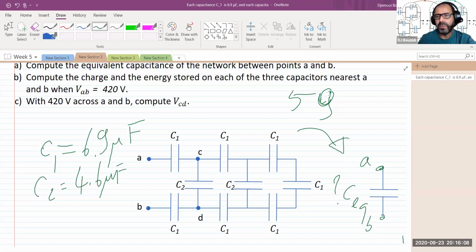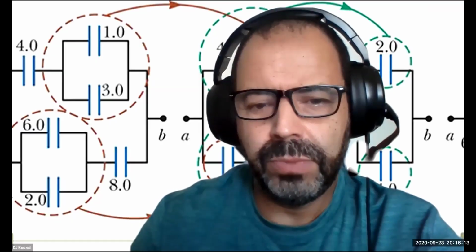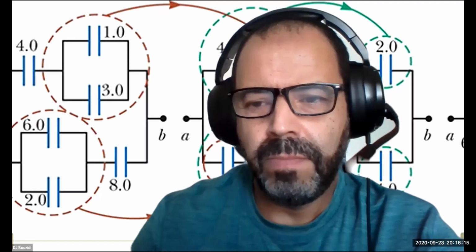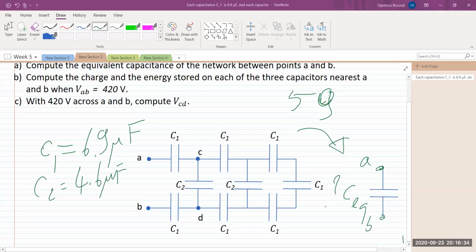I know probably some of you are typing right now, but no. So what is the second question? What are we supposed to find? What do they mean by the three capacitors? Aren't there just C1 and C2? Let's look at the question in here. We have to really read it, and sometimes it's worth rereading it again.